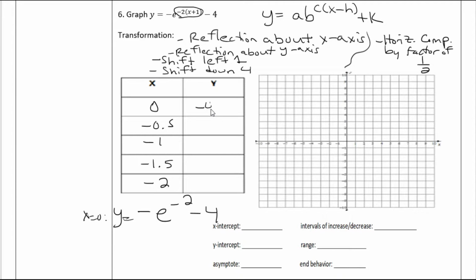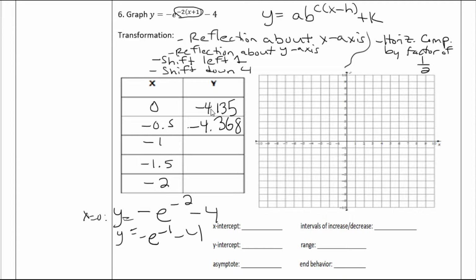So negative 4.135. If I plug in negative 0.5, I should get negative e to the negative 1 minus 4. So I'm going to plug that in the calculator. Minus 4. So I get negative 4.368.